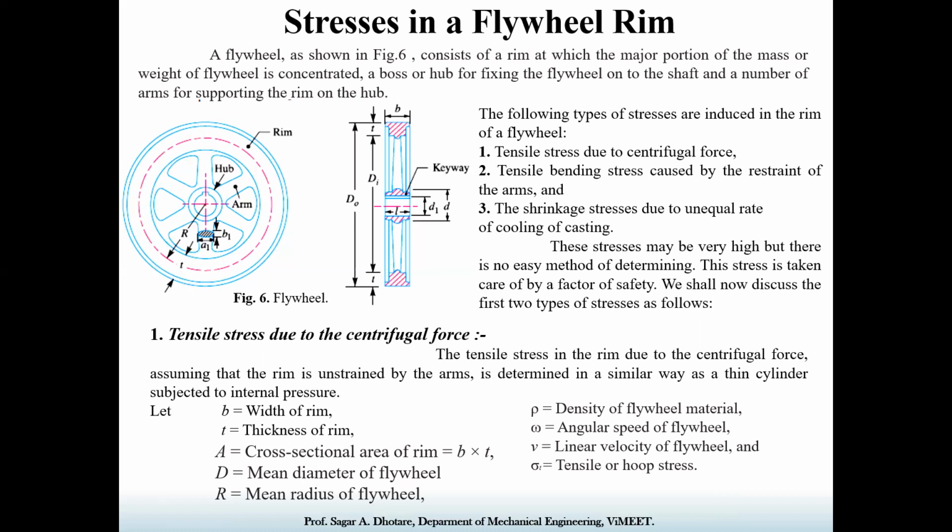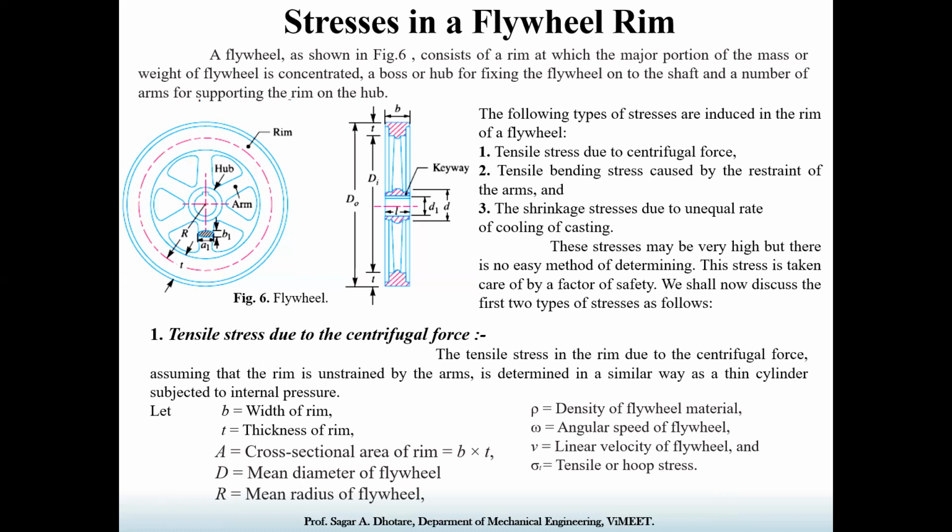Tensile stress due to the centrifugal force, that is, the stress in the rim due to the centrifugal force. Assume that the rim is unstrained by the arms and is to be determined in a similar way as a thin cylinder subjected to internal stresses.